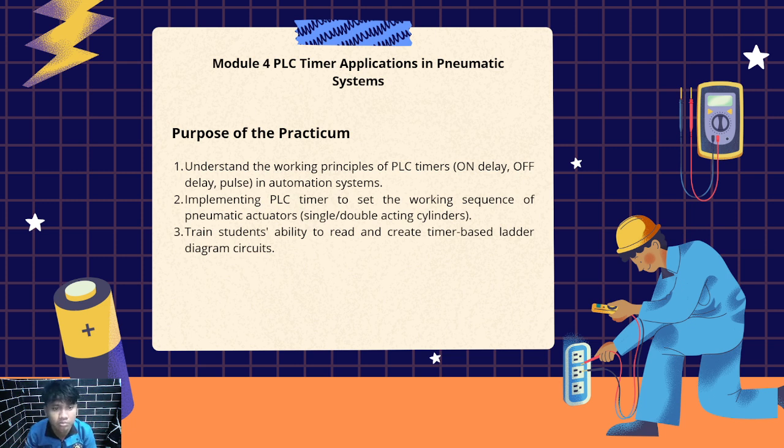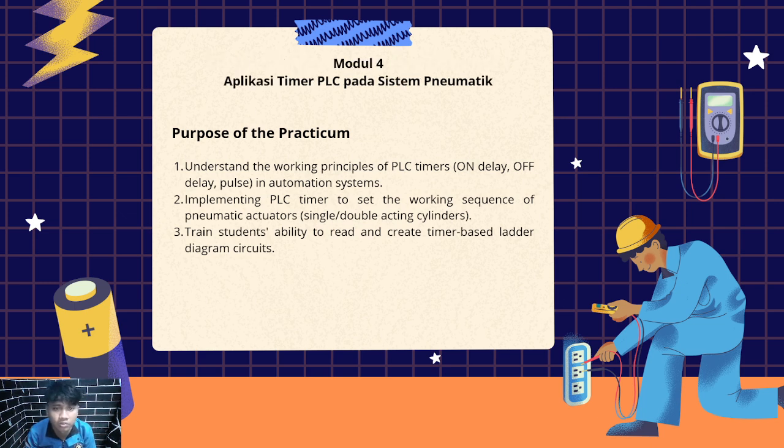The objectives of the practicum are: one, understand the working principles of PLC timers, on-delay and off-delay pulse, in automation systems. Two, implement PLC timers to set the working sequence of pneumatic actuators, single or double acting cylinders. Three, train students' ability to read and create timer-based ladder diagram circuits.